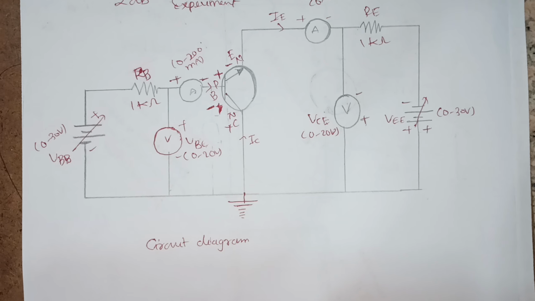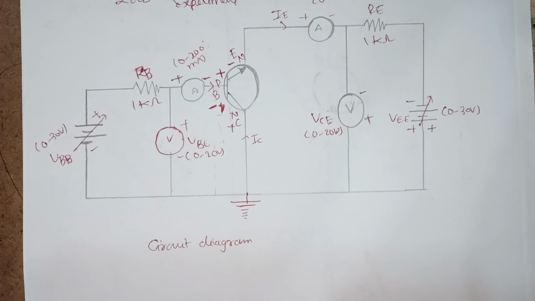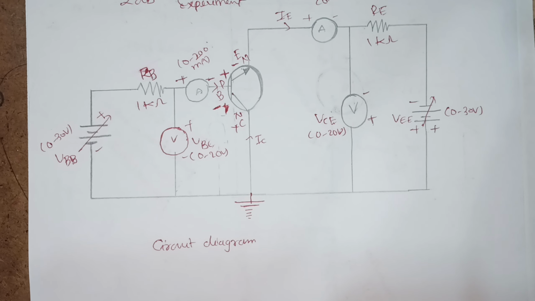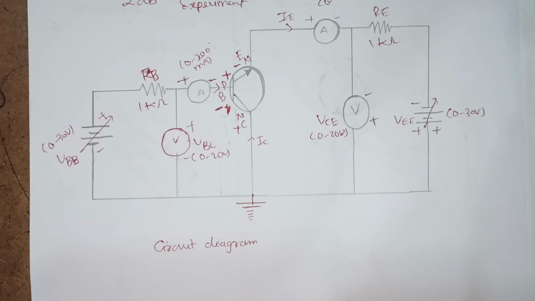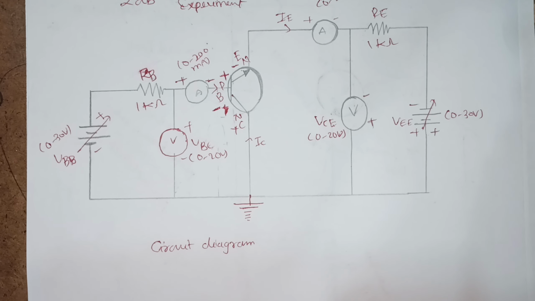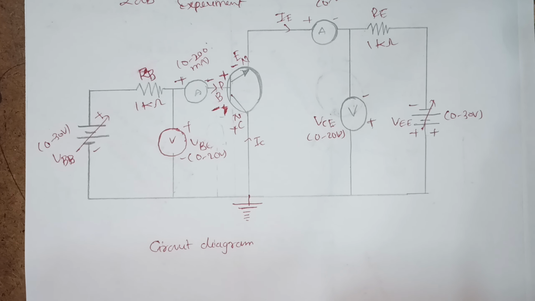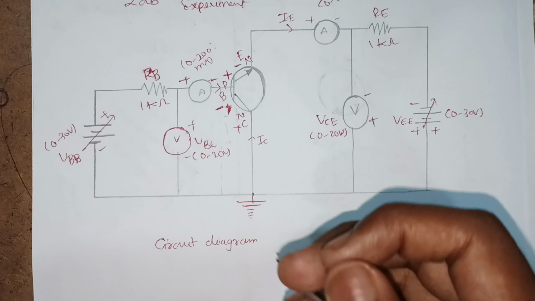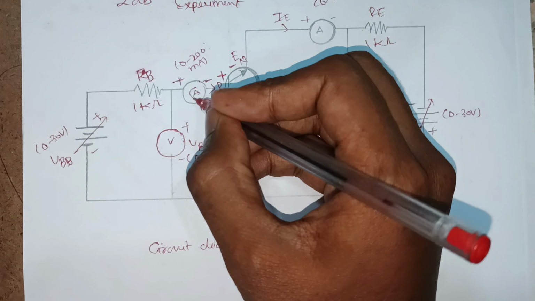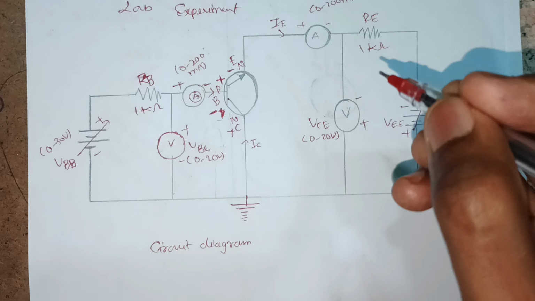In the same way, the flow of current is limited, and the readings are noted down in the ammeter.